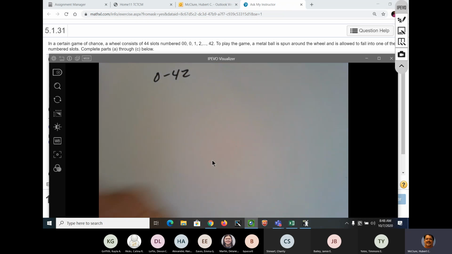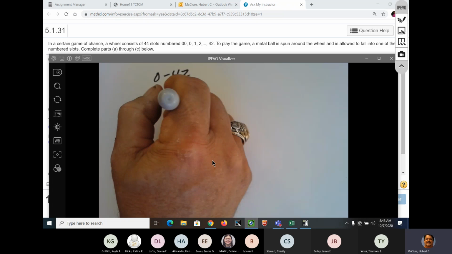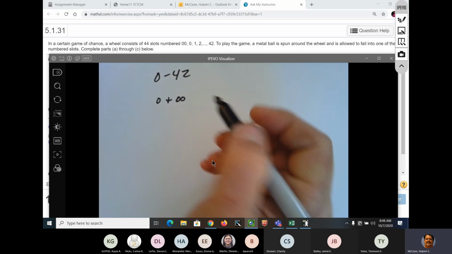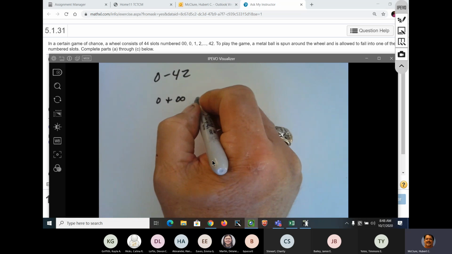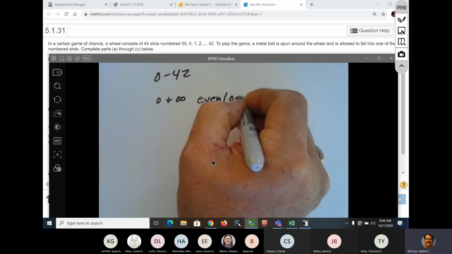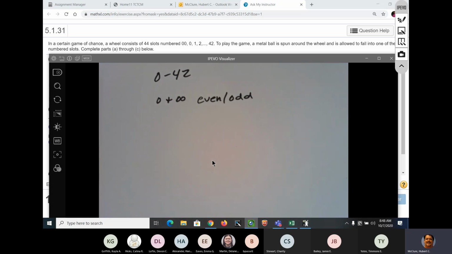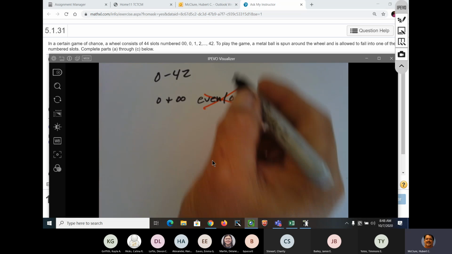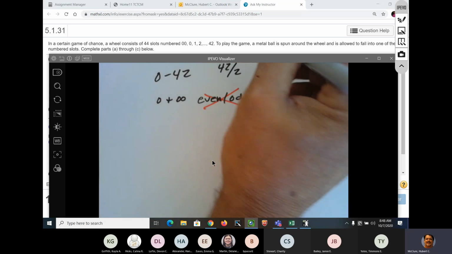Okay, 0 to 42, and then you got 0 and double 0. And remember, 0 and double 0 are not even or odd. Even or odd, with a red marker through it. Okay, and the question is going to ask, and this is going to be 42 divided by 2.